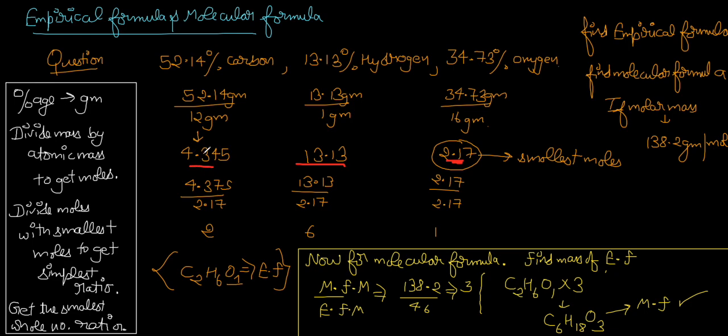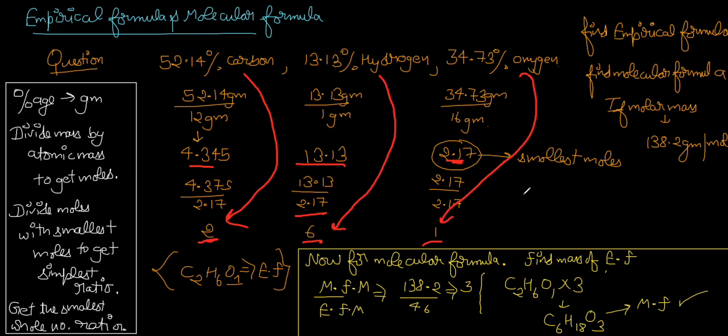So if we divide 4.345 by 2.17, you'll be getting 2. If you divide 13.13 by 2.17, you'll be getting 6. If you divide oxygen 2.17 by 2.17, you'll be getting 1. So the simplest ratio of carbon is 2, hydrogen is 6, oxygen is 1. So your empirical formula is C2H6O1.